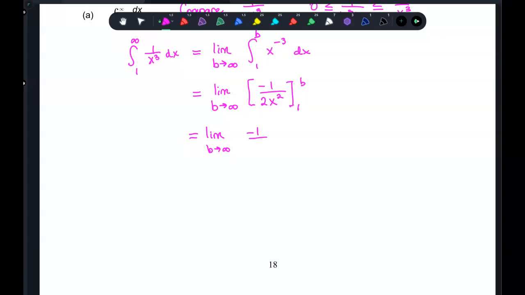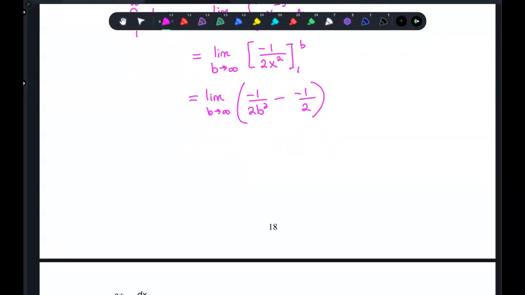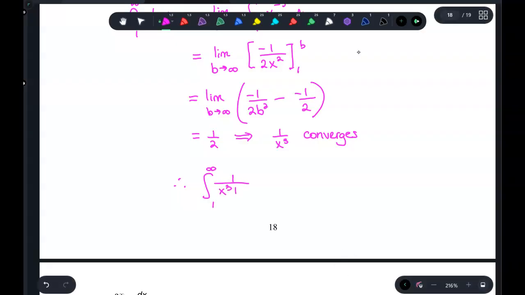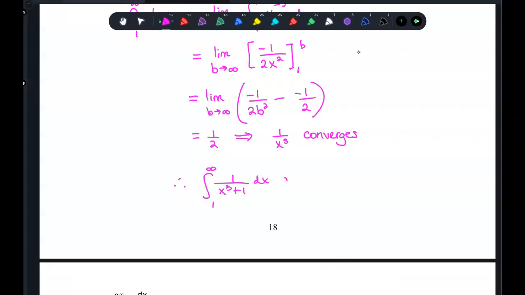So we'll have negative 1 over 2b squared minus negative 1 over 2. It goes to a half. Okay, so this tells us that 1 over x cubed converges. Therefore, we know the original one, which was smaller, also converges.